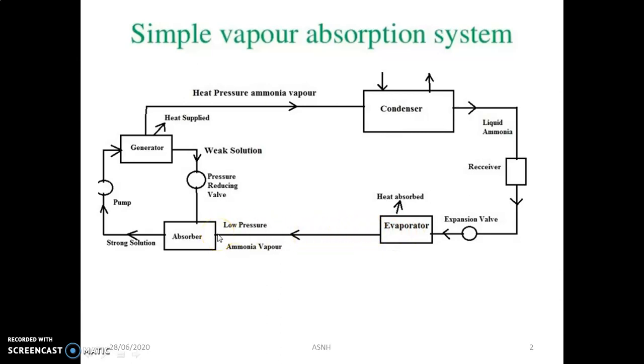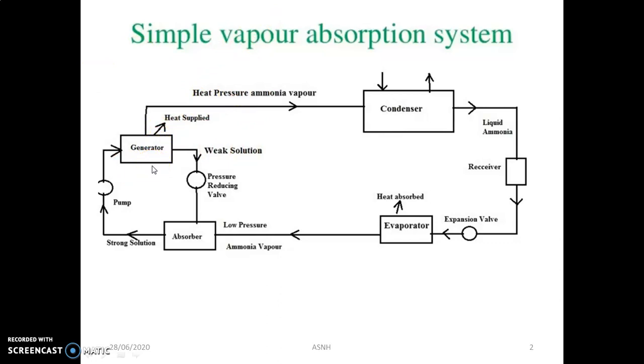In the absorber, a weak solution is already formed, and the low pressure, low temperature ammonia vapor gets added to the water, which acts as the absorbent. That mixture of aqua ammonia enters the generator through the pump, and on reaching the generator, the aqua ammonia solution becomes a strong solution by external heating of the generator.